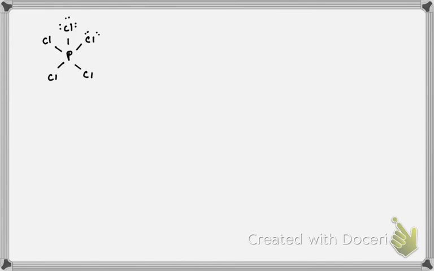Phosphorus is one of those that can break the octet rule, so it has too many bonds. If I go in and I count my regions of electron density around the phosphorus, I have 1, 2, 3, 4, 5. 5 regions. So whenever you have 5 regions of electron density, we know that we're going to need to form something called a trigonal bipyramidal shape.